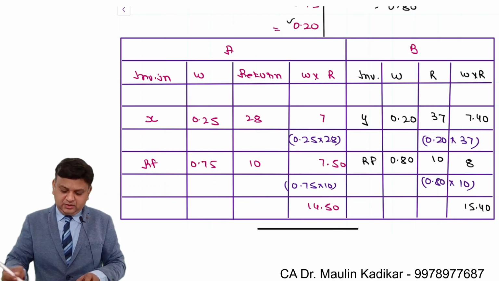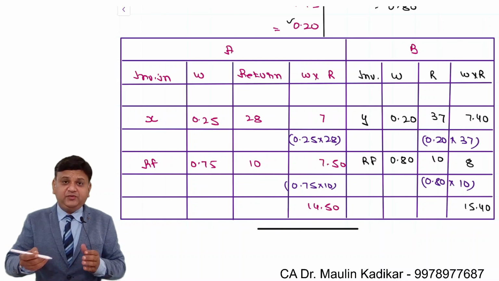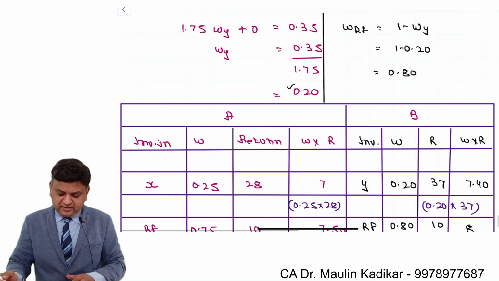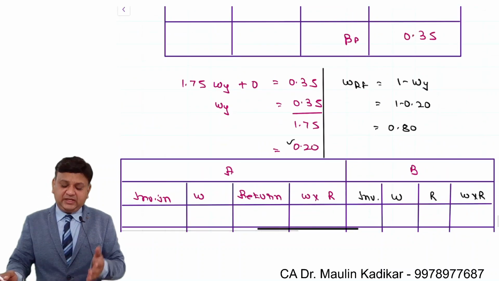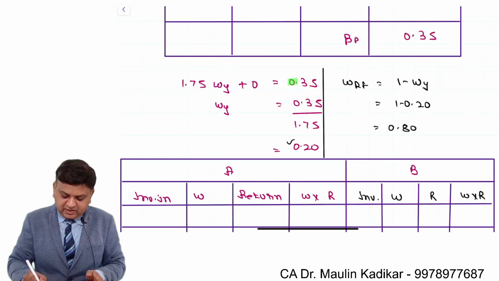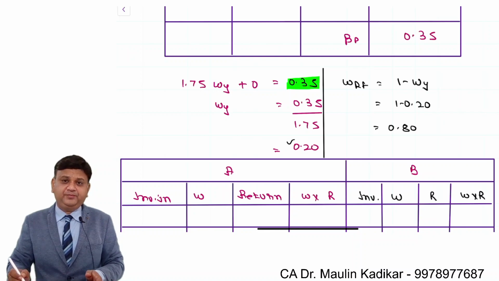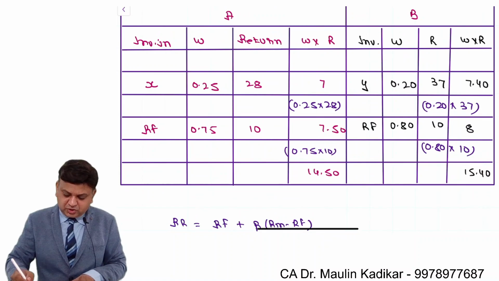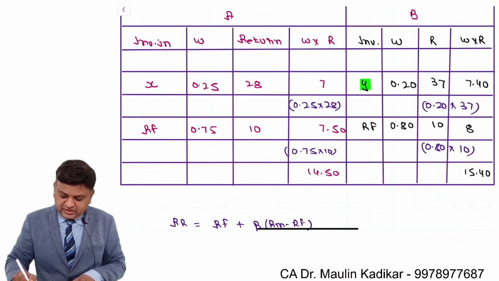So friends, over here since we already have made the calculation, you can very well understand that in the working we have done, beta of the portfolio is 0.35, and you can see that the combination of Y with RF is able to generate a return which is greater than the combination of X with RF.